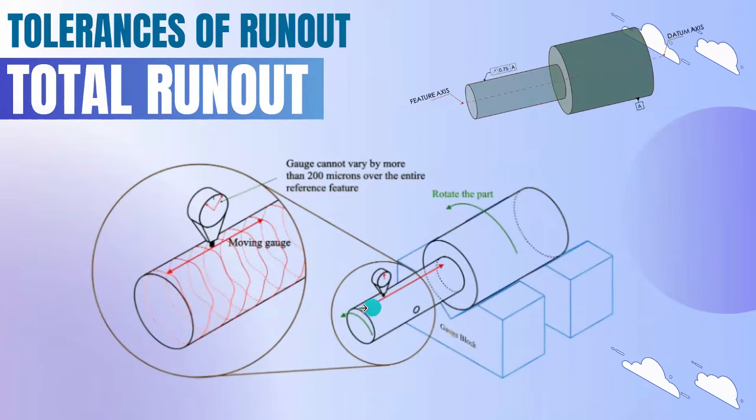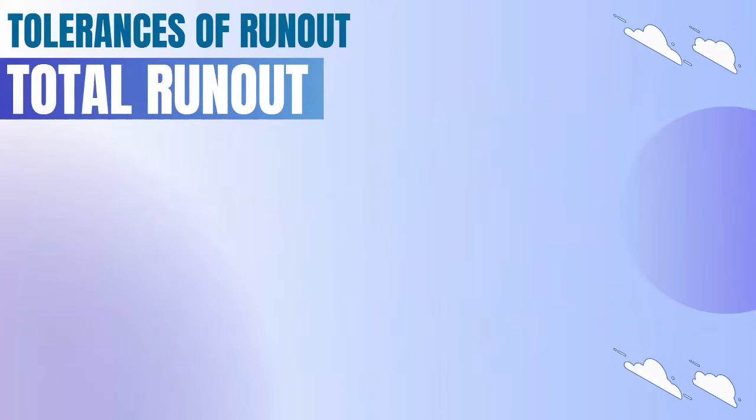In this case, the form of straightness will be added, as well as circular form deviation will be considered, and the orientation will be added. It will control the orientation, the wobble of this cylindrical feature, and the location will also be considered.